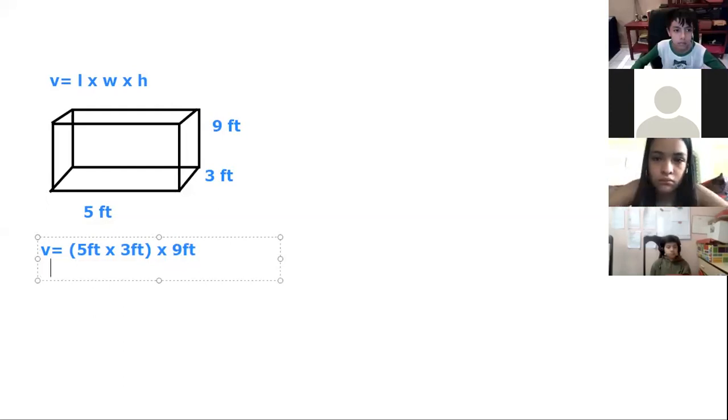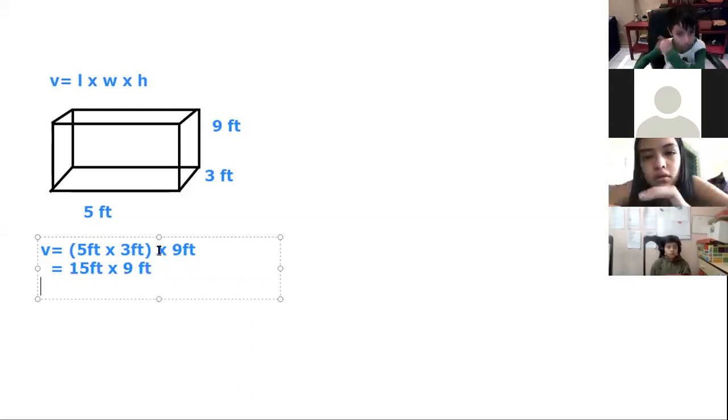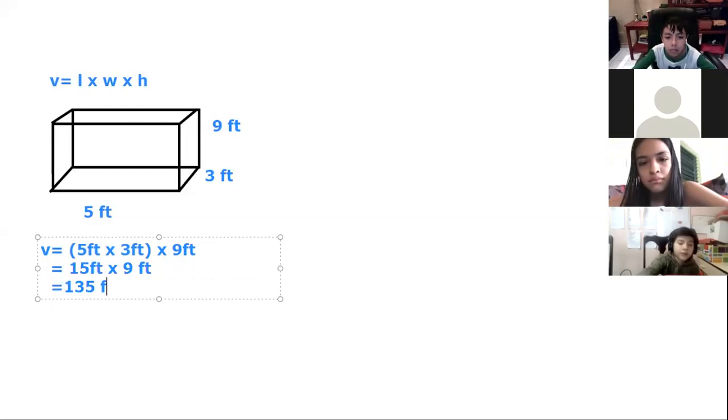This is equal to 15 feet squared, multiply 9 feet. And this is equal to 135 cubic feet. This is all you have to do.